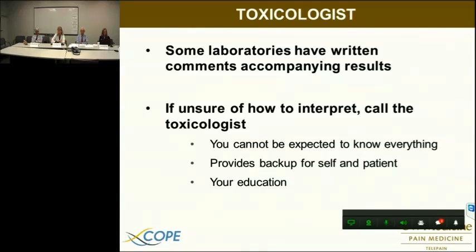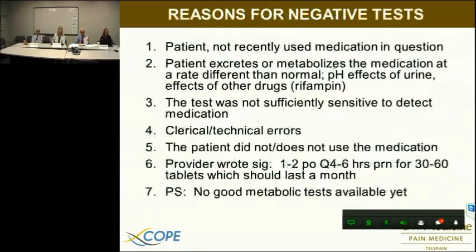Because if you call them a few times, pretty soon you won't need to, you'll understand. It also provides backup for your action if you've decided that this patient shouldn't be on medications, and you can say, look, I talked to my toxicologist, it was really there, and I think we need to act on these results.